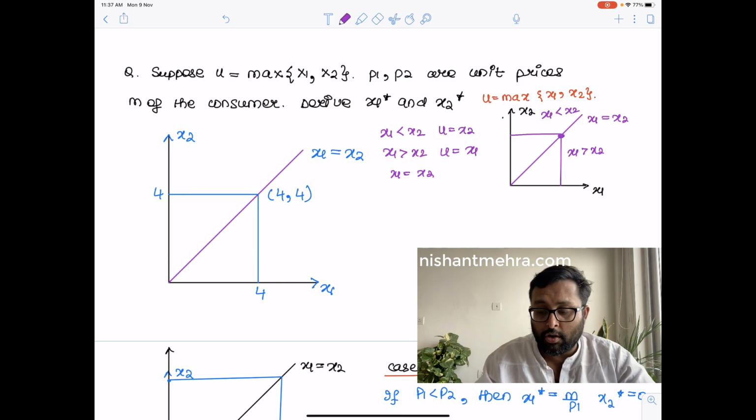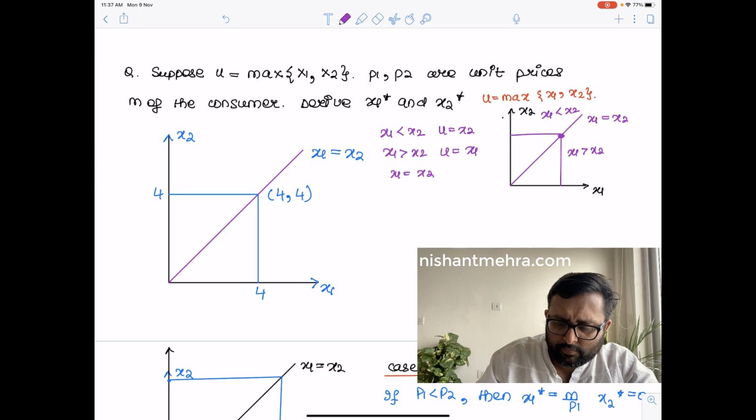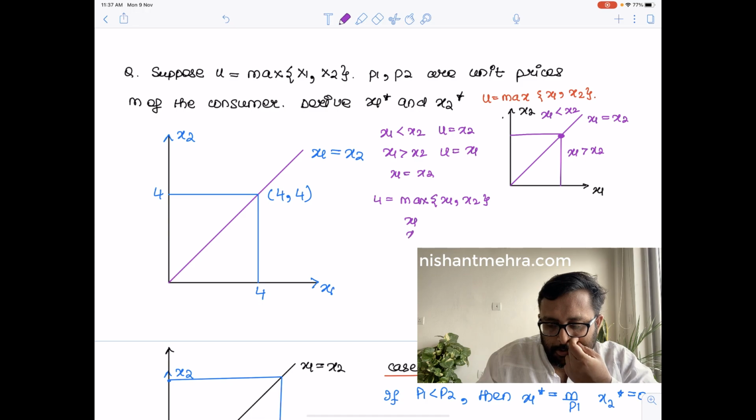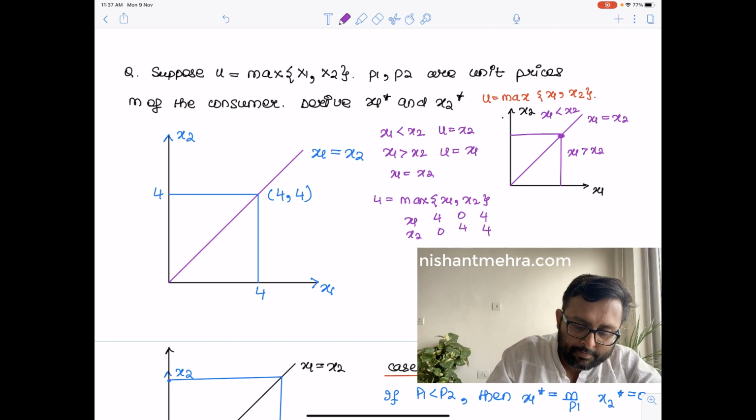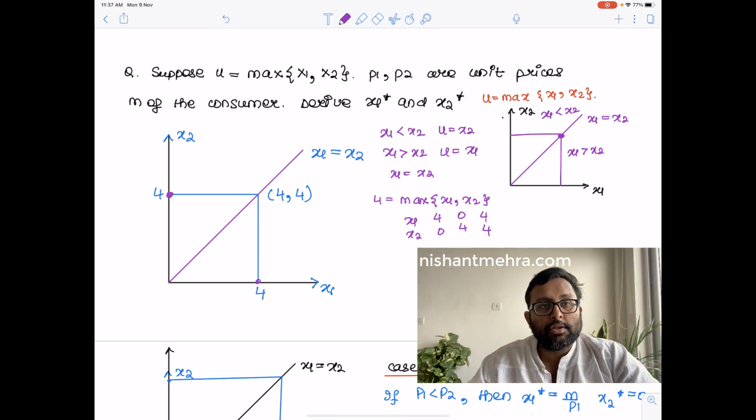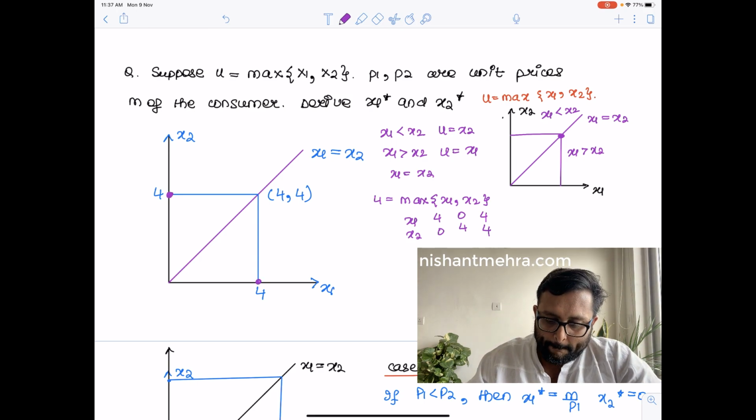Or you can also draw it using a number. 4 equals max of x1, x2. So max of 4, 0 is 4. Max of 0, 4 is 4. Max of 4, 4 is 4. You've drawn the indifference curve. This is the way you draw the indifference curve.